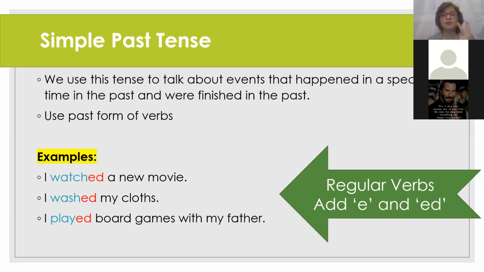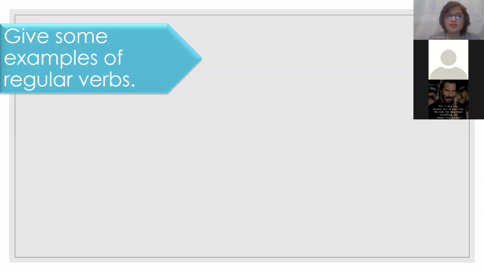So there are two types of verbs: one is regular and the other is irregular. Regular verbs have ed to make the second form of verb. Can you give me some more examples of regular verbs? Starting with you, Mavish, give me three verbs that can be converted into second form by adding d or ed.